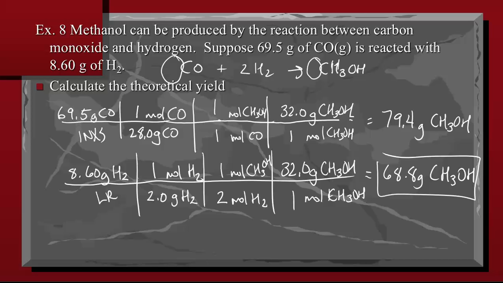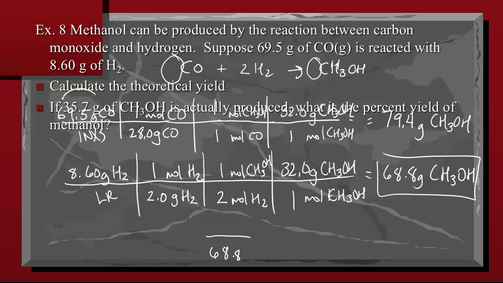All right, how do we find percent yield? Well, what we do is we say, okay, how much should we have gotten if everything was perfect? 68.8. According to the question, how much did we get? 35.7 grams times 100. That's it, folks.